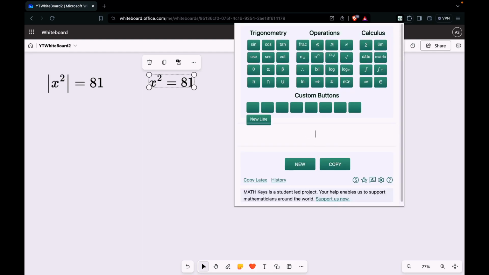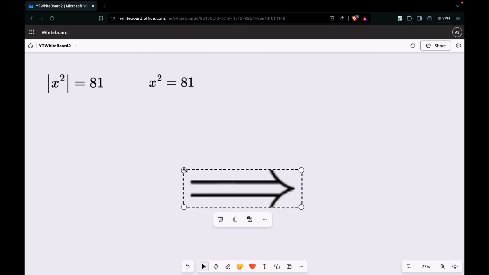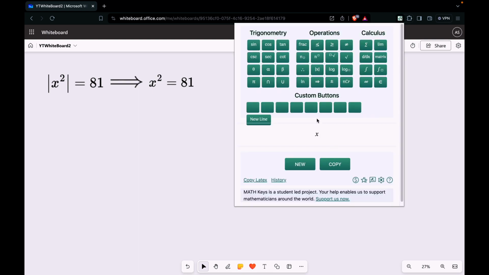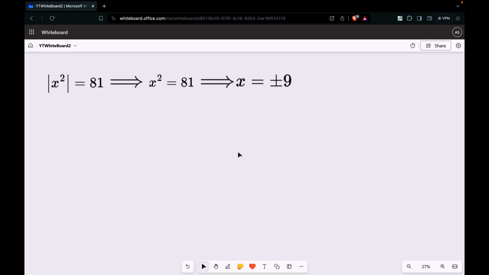Now, this is also a one-step equation, which you probably should know how to solve from my last video. So I'm just going to skip all the explanations, and just type out my solution. And boom, very simple process. And remember to always include the plus minus because mathematically, that's how you're supposed to write it.